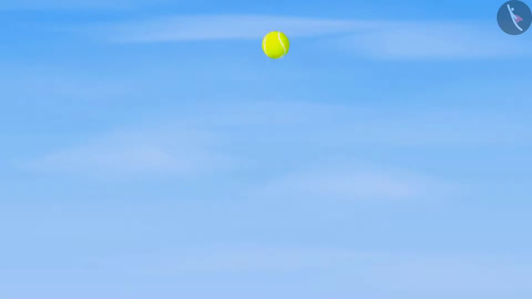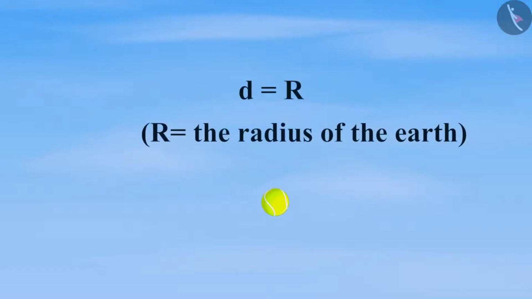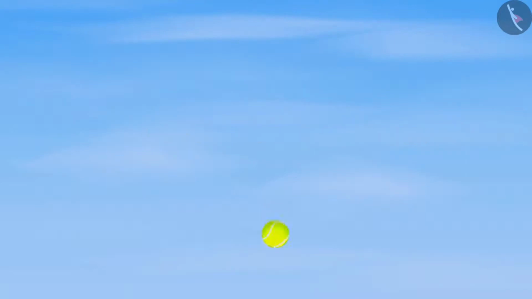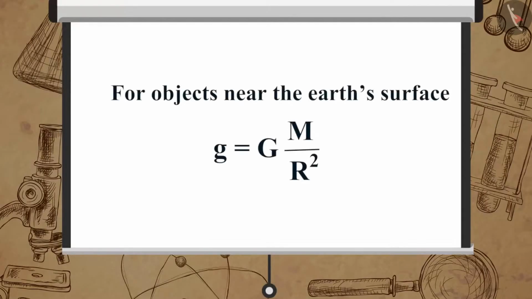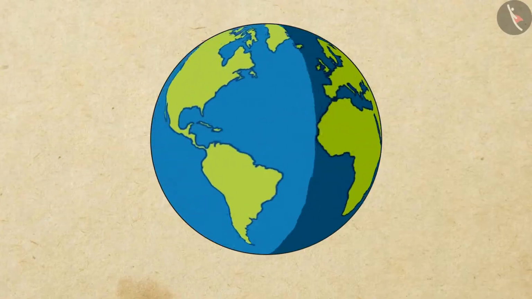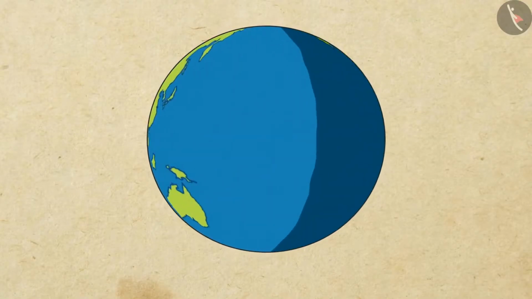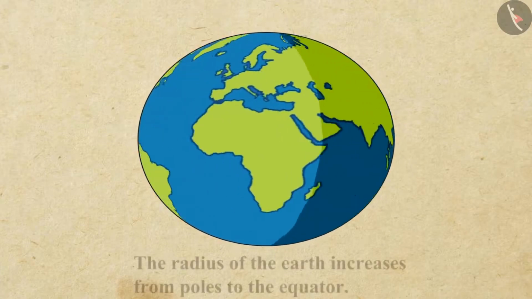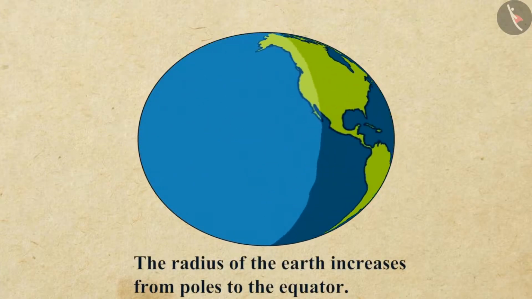Let an object be near the surface of the Earth. Then the distance d in the previous equation will be equal to R, the radius of the Earth. Therefore, for objects near the Earth's surface, g is equal to G M upon R square. As you might know, the Earth is not a perfect sphere. The radius of the Earth increases from poles to the equator.